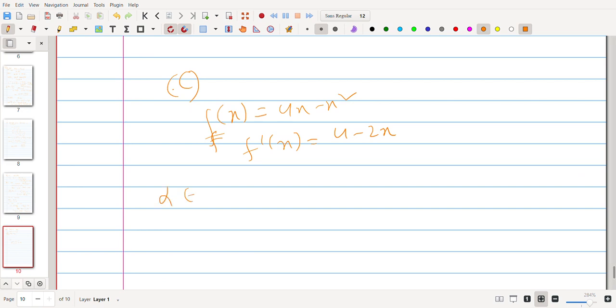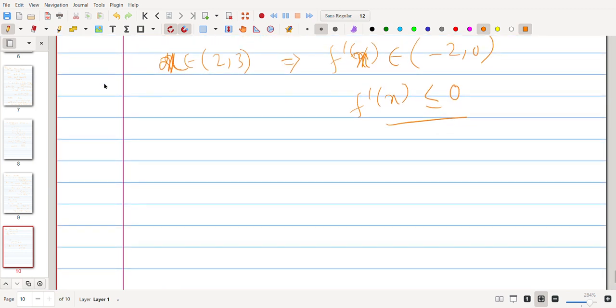When x belongs to 2 comma 3, that will imply f dash x belongs to minus 2 comma 0. That means f dash x is less than or equal to 0. That means on 2 comma 3, f is monotonically decreasing, right?